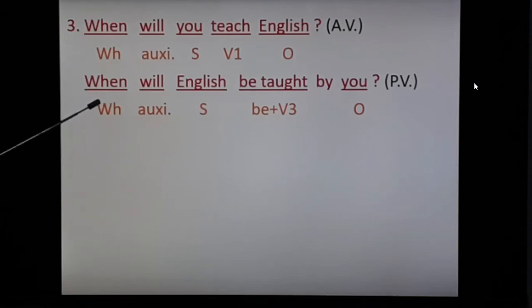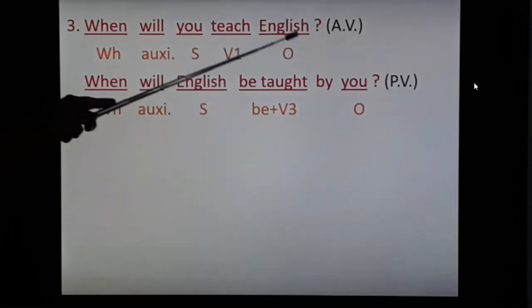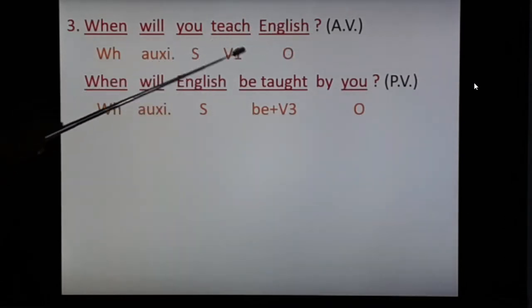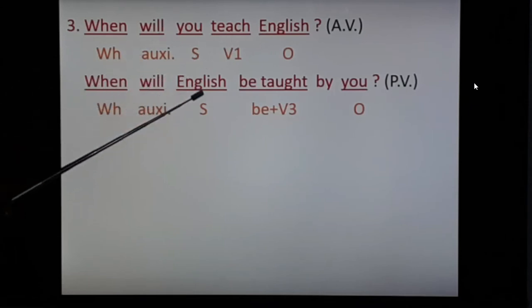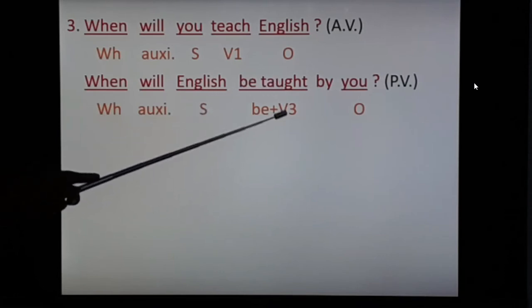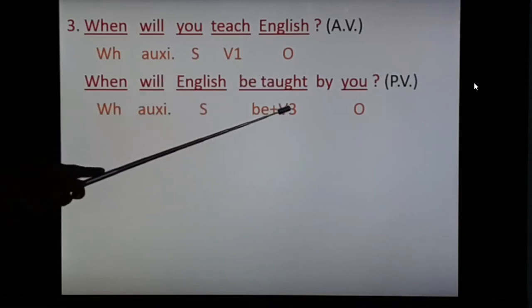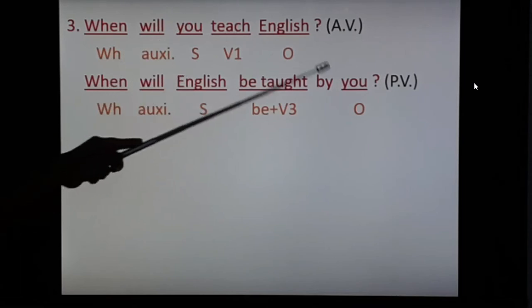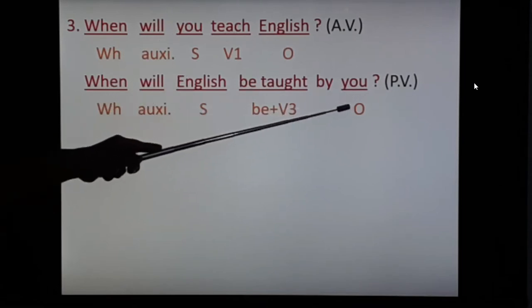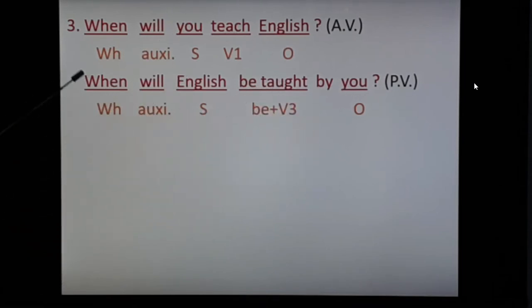When, you write the same thing, and here the object English in active voice becomes the subject, but before that you have to put the appropriate auxiliary verb because we are framing a WH question. That's why: when, then will, then English will come, then be. You have to add be here. Then taught, that is the V3 form of teach. By you, it stays the same, you, and then put a question mark. This is passive voice. When will English be taught by you?